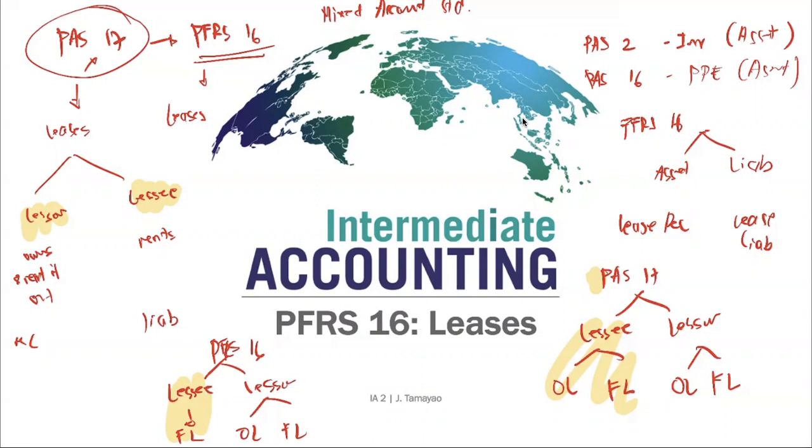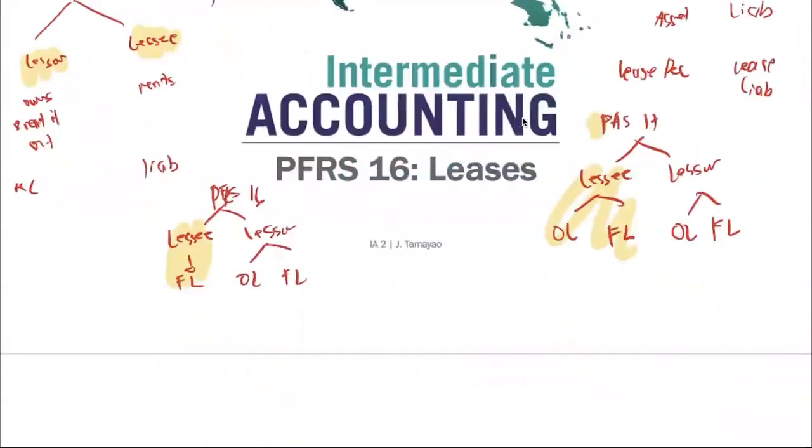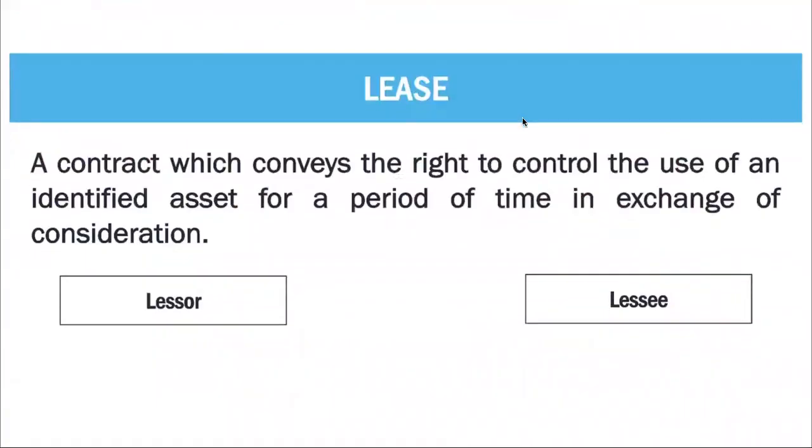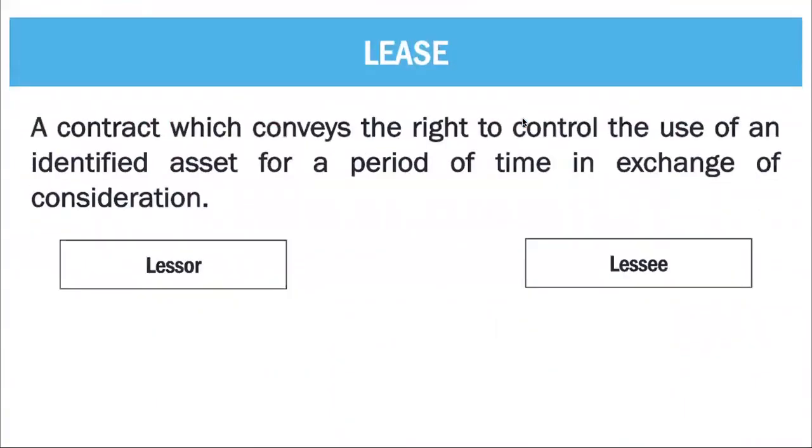We dwell now on leases per se under PFRS 16. To start, we must define what is a lease. A lease is defined under PFRS 16 as a contract which conveys the right to control the use of an identified asset for a period of time in exchange for consideration.